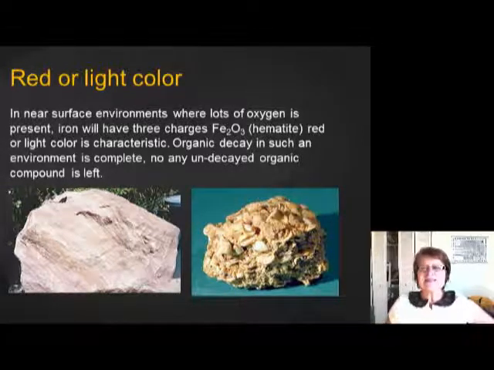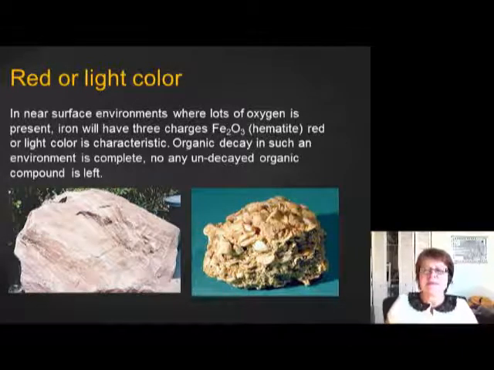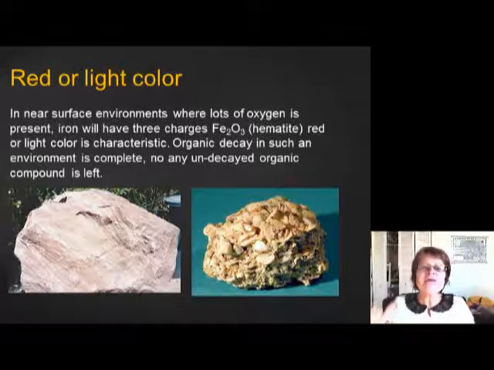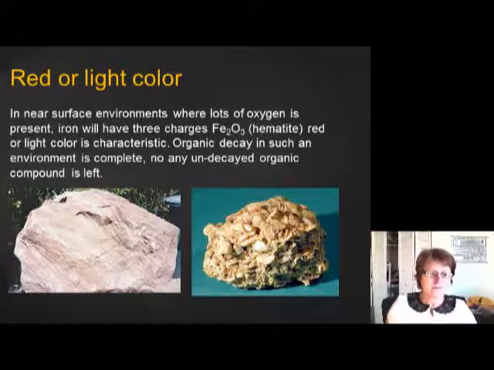And in this case, there is absolutely no undecayed organic present. So this is what you kind of have to know about the color. It will tell you if the environment was oxygen rich or if the environment was oxygen poor.